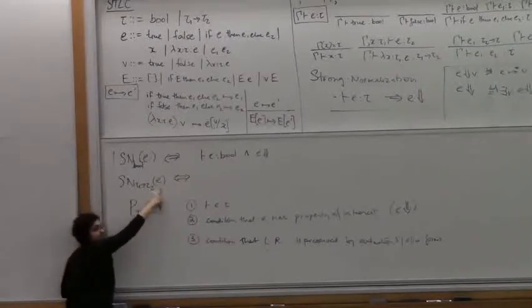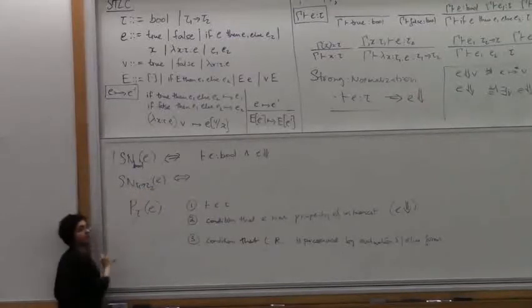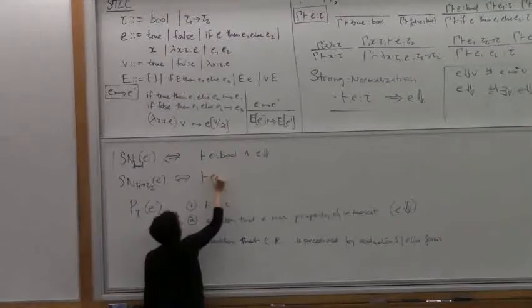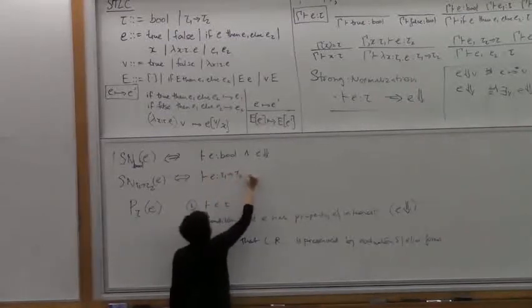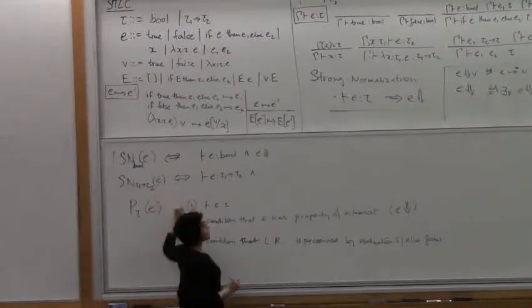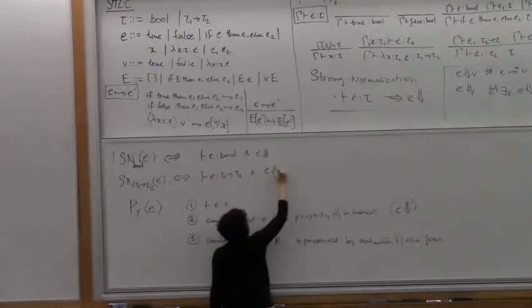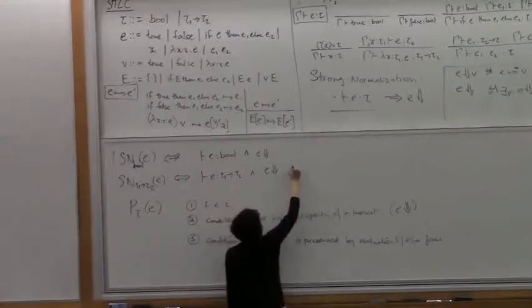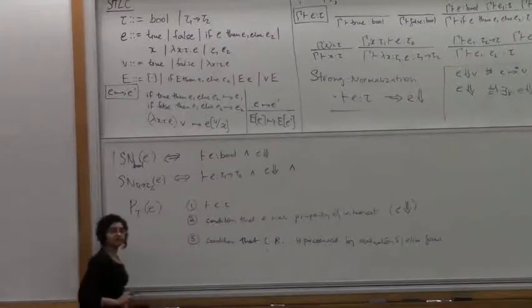When is an expression of type tau1 to tau2 strongly normalizing? Well, it better have the type tau1 to tau2. It's an expression. It's not a lambda yet. It better terminate. And this is where we need a third condition about the elim forms.